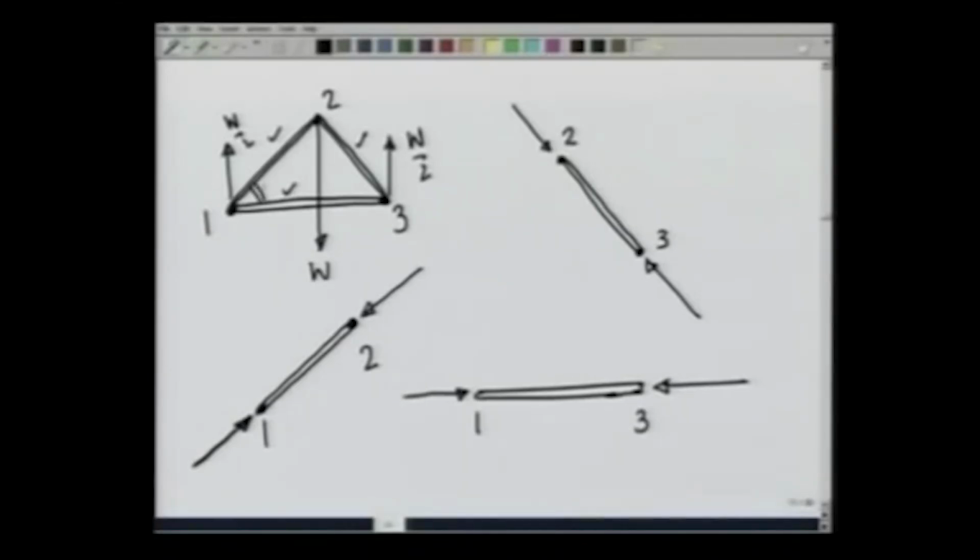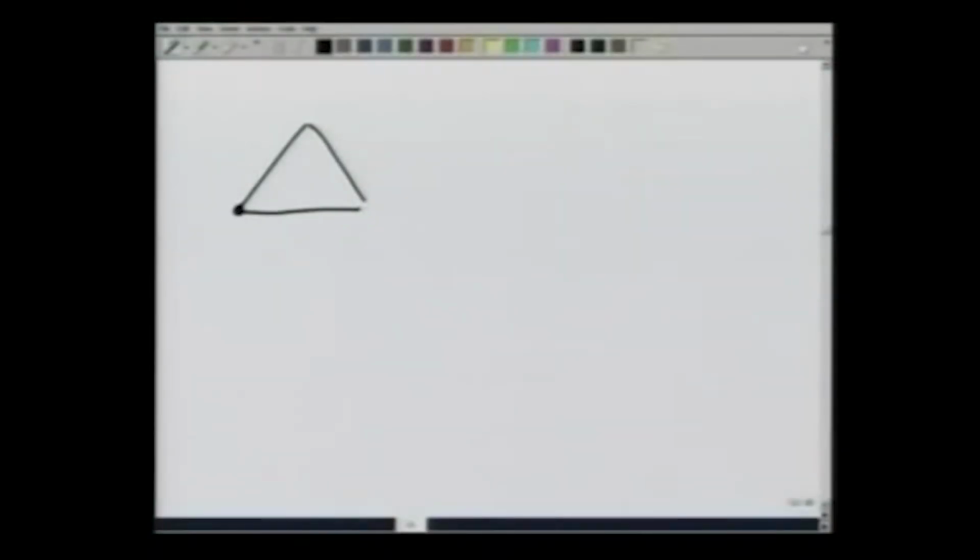If all the rods are equal, then all these angles will be 60 degrees. Now, I know that pin 1 is in equilibrium. Pin 1 has a force acting on it, which is W by 2.